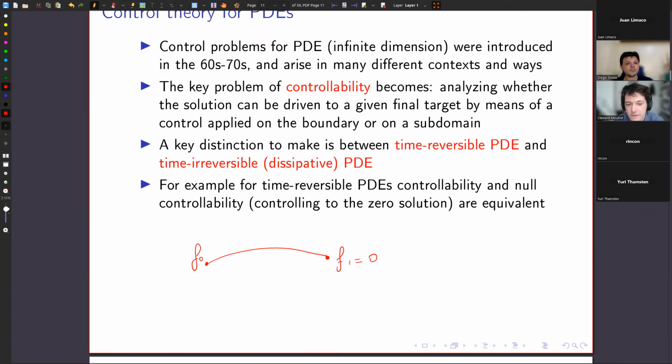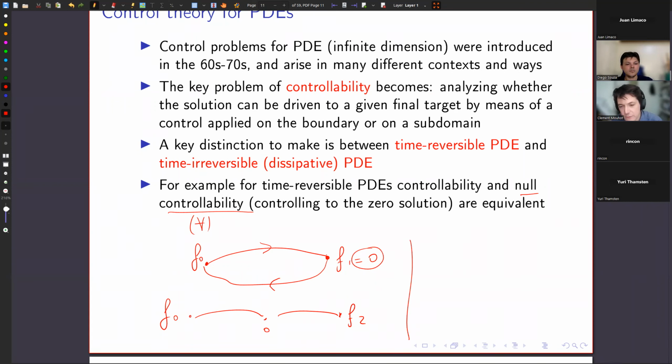Because then you can reverse that. And now you can drive F0 because F0 was arbitrary. You can drive F0 to whatever else you want. You go through 0 and then you go to another state. Right? So if you just try to reach 0, it's called null controllability.